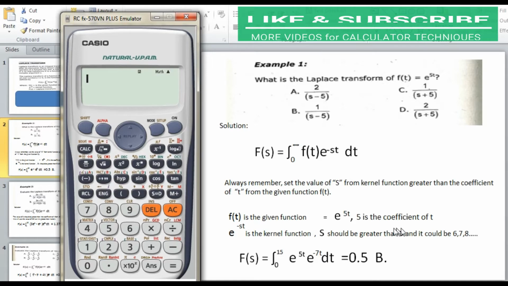So our solution will be like this: the integral of e to the 5t, which is our f of t, the given function, multiplied by the kernel function e to negative 7t dt. 7 is coming from our s value, always greater than the coefficient of t from a given function.